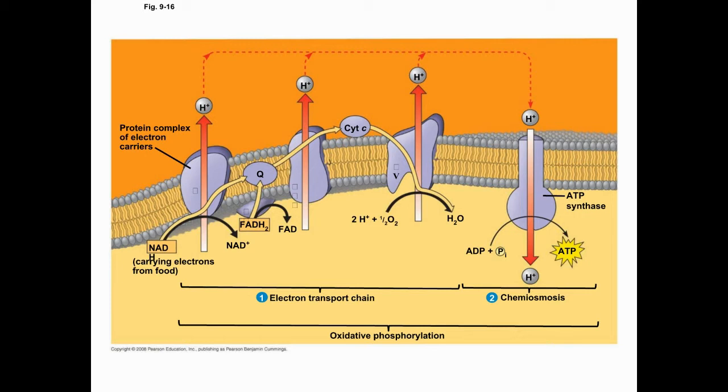So these 34 are produced by oxidative phosphorylation, and then plus the 4 we've already made through substrate level phosphorylation. There's your 38.